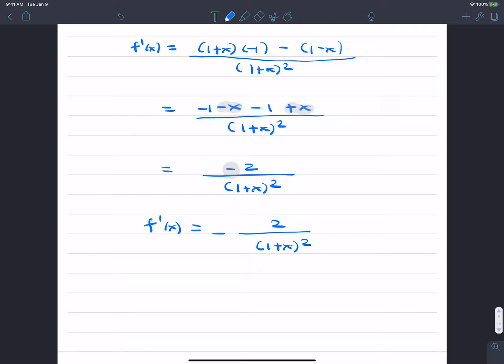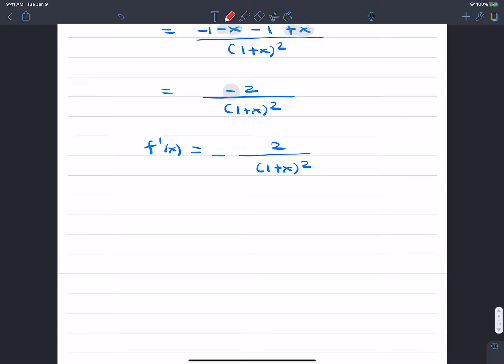Now again, we have to use sign analysis here. So we're going to write that down. Use sign analysis on that first derivative. If you guys remember, you have a rational function. Okay, so this is rational. You have a numerator, you have a denominator, you have that sign there.